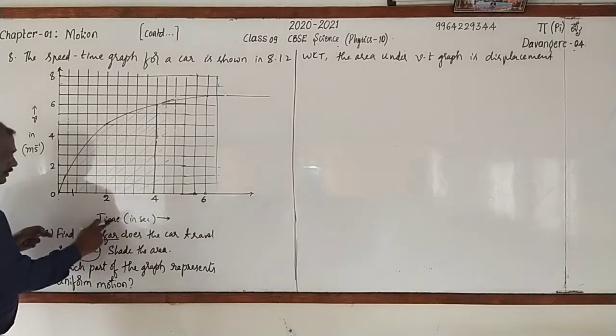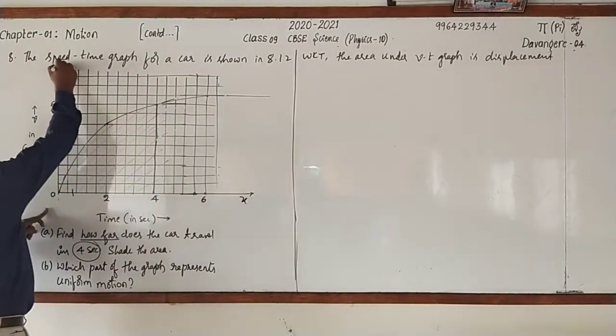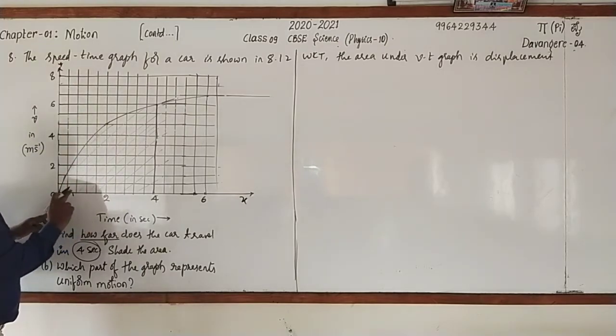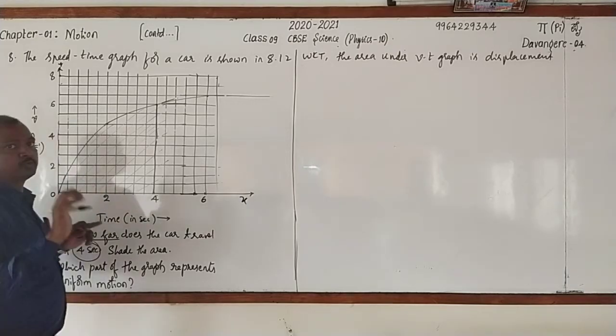And here there are two axes, one x-axis and another y-axis. On the x-axis you can come to know 1, 2, 3, 4, 5. 5 boxes together make 2 seconds.